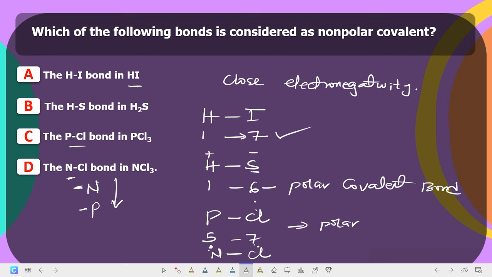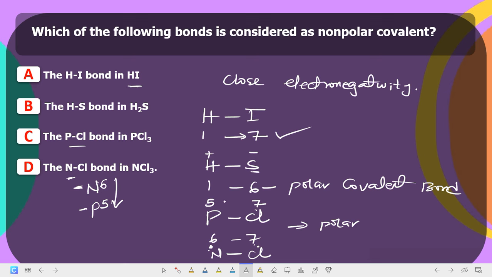Chlorine is also more electronegative than what? Let's say phosphorus. So if chlorine is, let's say, 7, and then between nitrogen and phosphorus, let us say nitrogen is more electronegative. Let's say nitrogen is 6 and phosphorus is 5. This is assumption now.